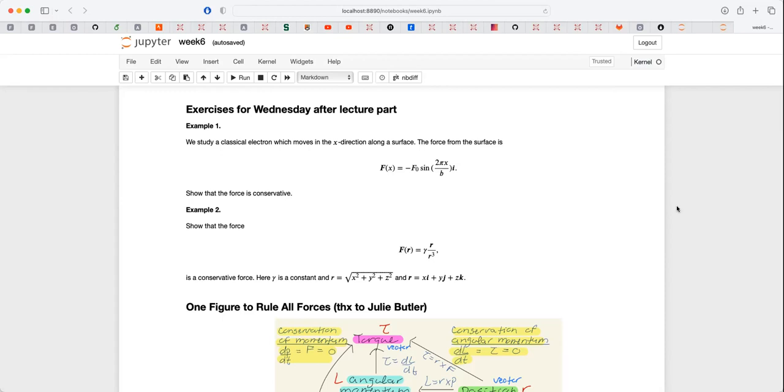And this kind of force is something which you would also get if you were to use the static Coulomb interaction. So if you're looking at two charges which repel each other, then the force would look like this one as well. Except that the only thing you would need to do then is to change the constant gamma.